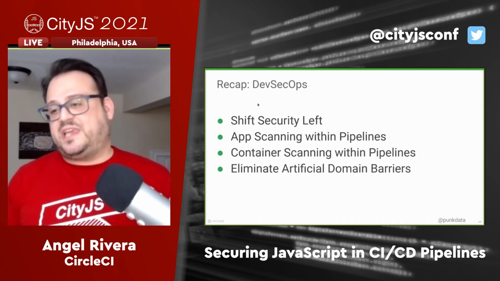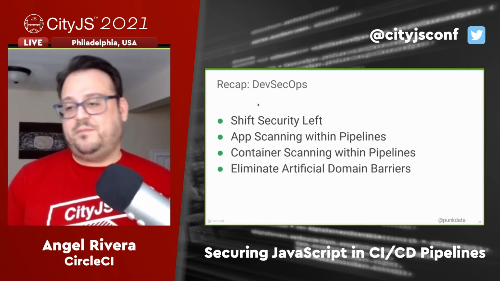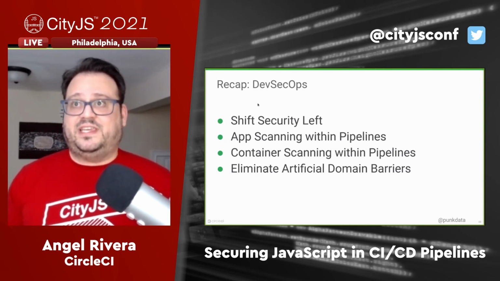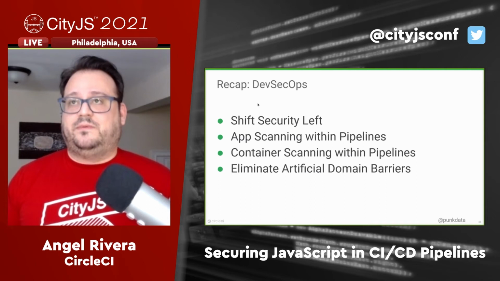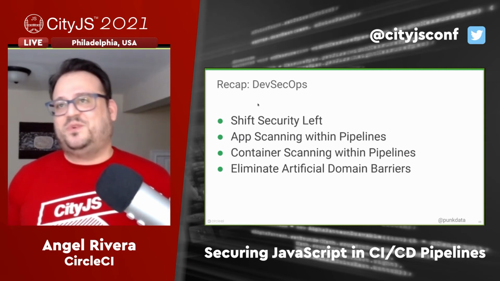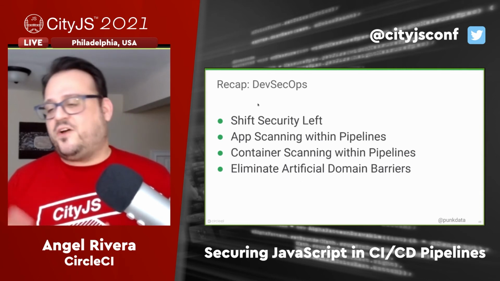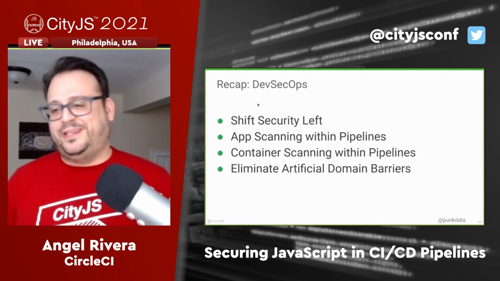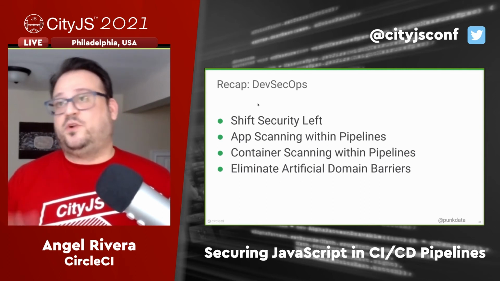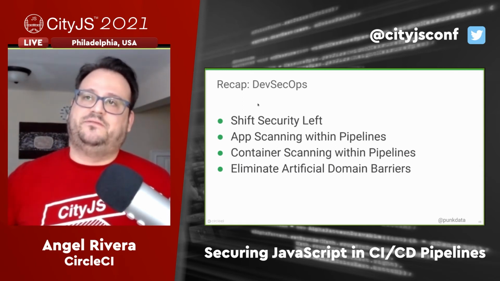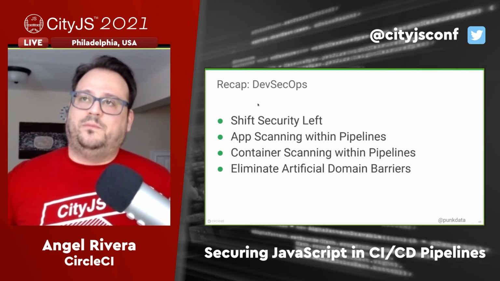Implement app scanning and container scanning within your pipelines. It's really important to ensure that you're releasing as bug-free, or as less vulnerable, code as possible. Not all the time are we going to be able to release software with zero vulnerabilities, but there are different levels: critical, severe, medium, low.